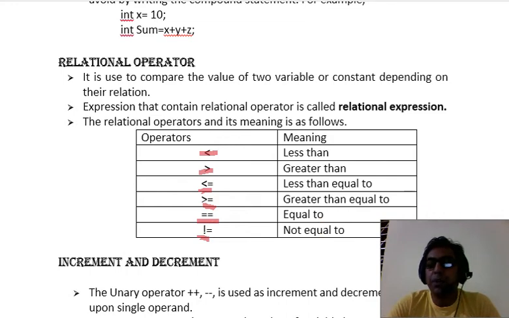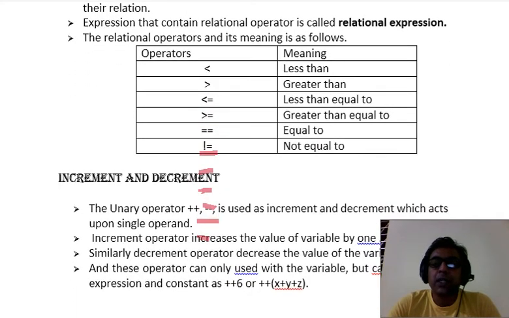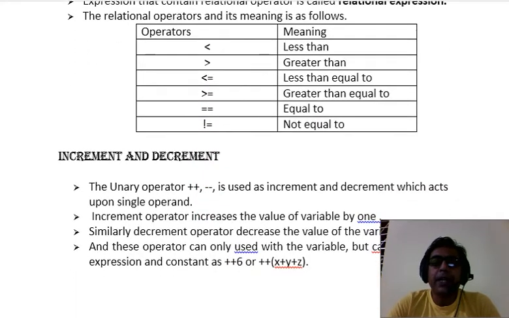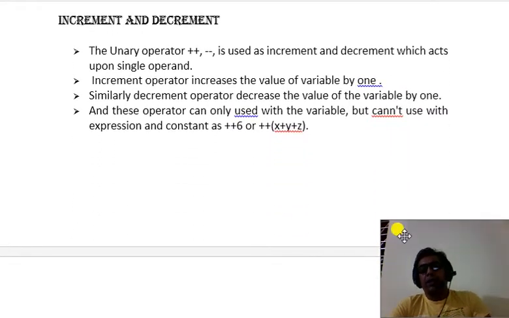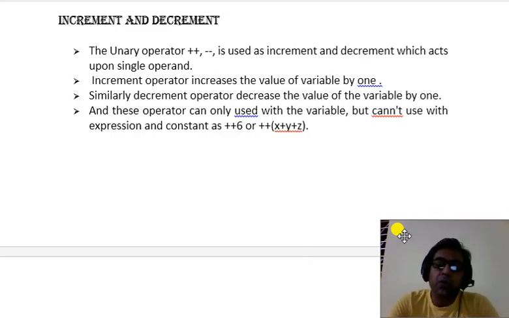Okay. Now next are the increment operator and decrement operator. In programming, if we want to increase the value of a variable by 1, or decrease the value of a variable by 1, then we use these increment and decrement operators.